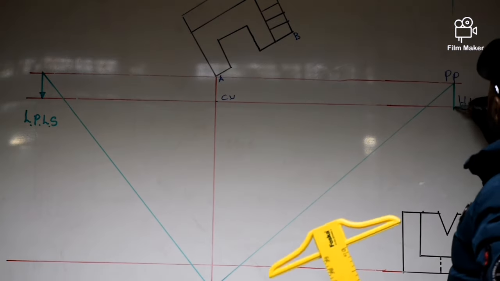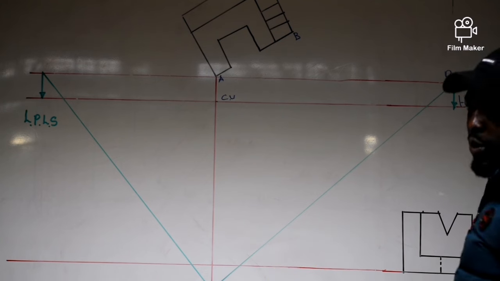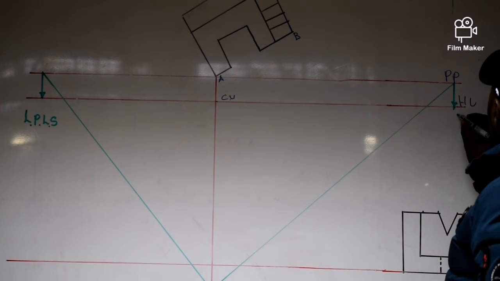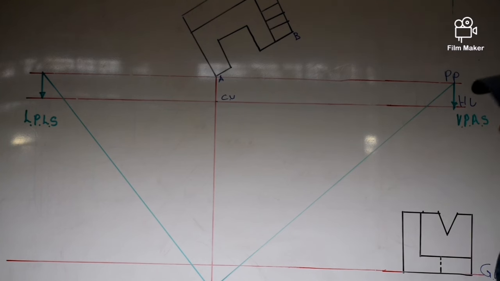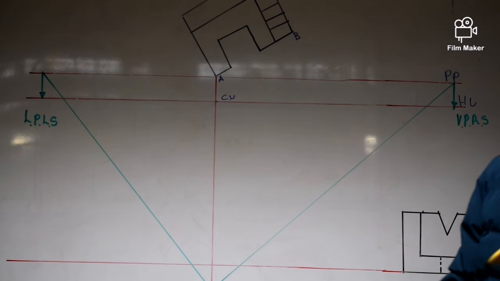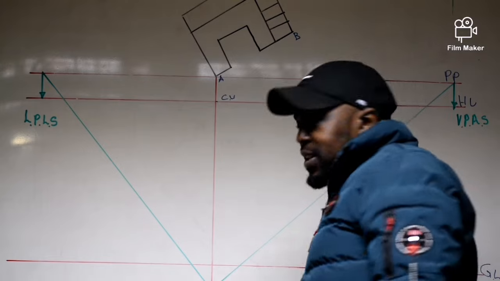And you also label this as the vanishing point of your right-hand side. So now you go to your ground plane. If your A is that one, the law says all the points from your top view will be directed to your stationary point. Once they touch the picture plane, they become vertical down.